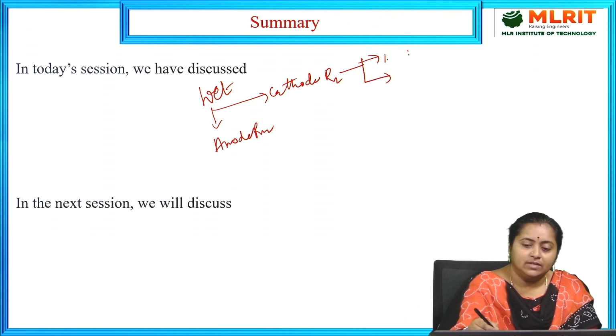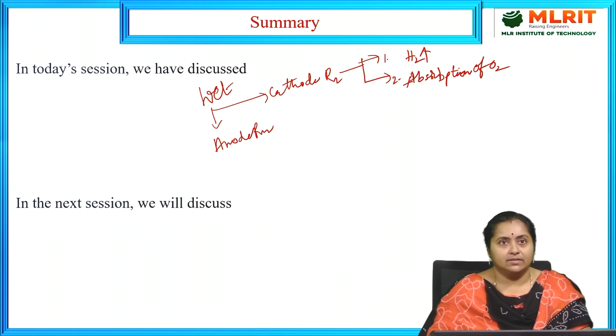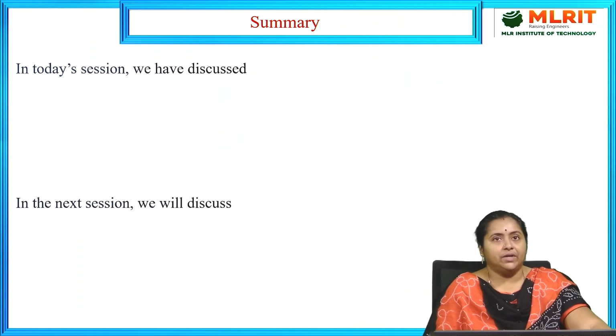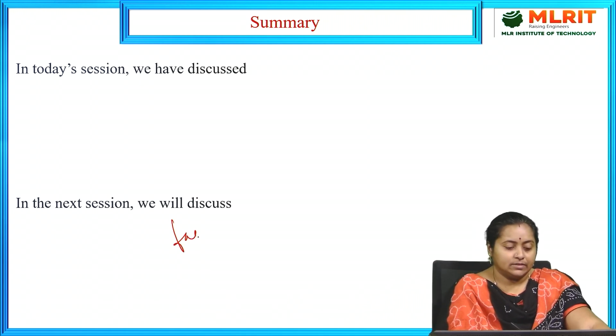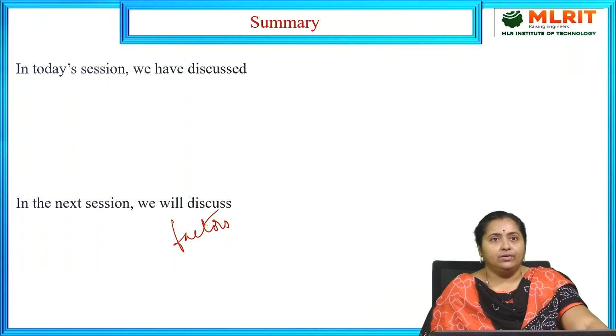One is due to the evolution of hydrogen gas, and the second is due to the absorption of oxygen gas. In the coming session, we are going to learn about the various factors that are responsible for influencing the rate of corrosion reaction.